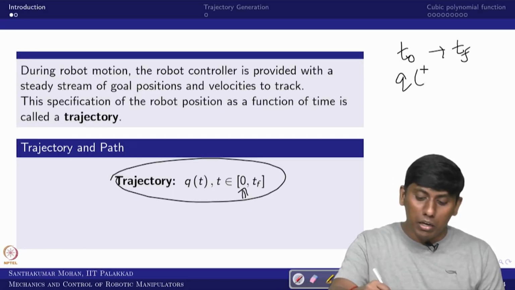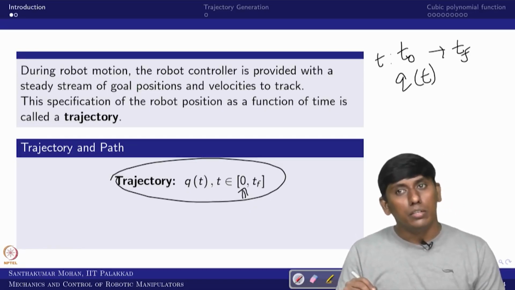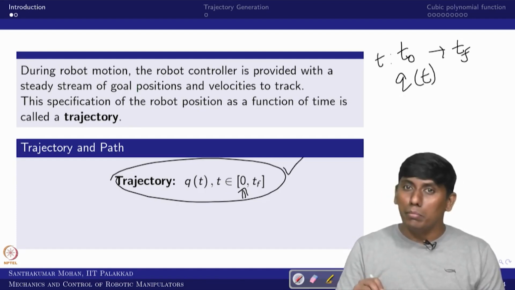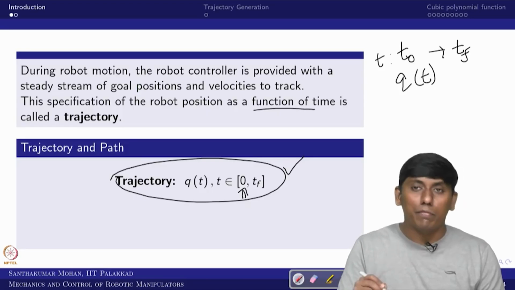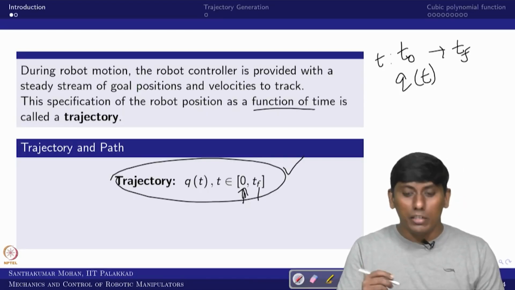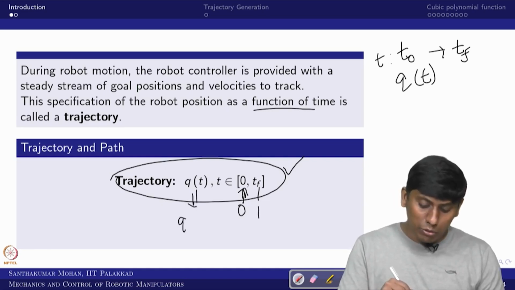I define this q as a function of t, where t varies from t0 to tf. This is what we call a trajectory, and you can see it is a function of time. Now if I convert this tf and t0 into 0 and 1, I call this q of s.